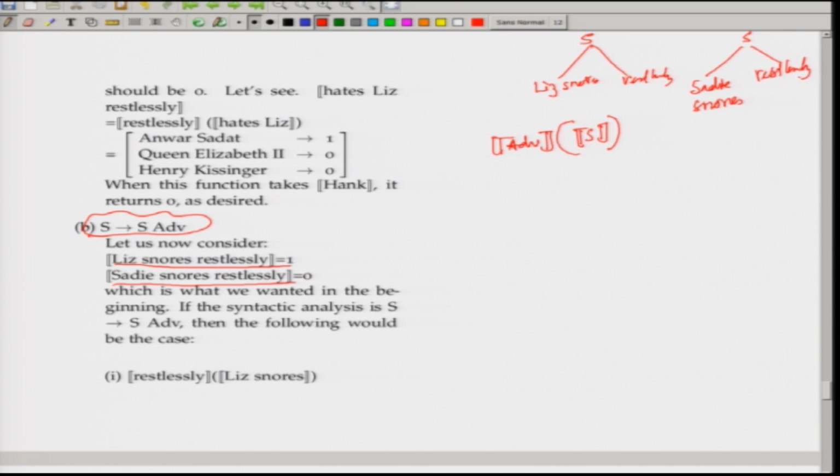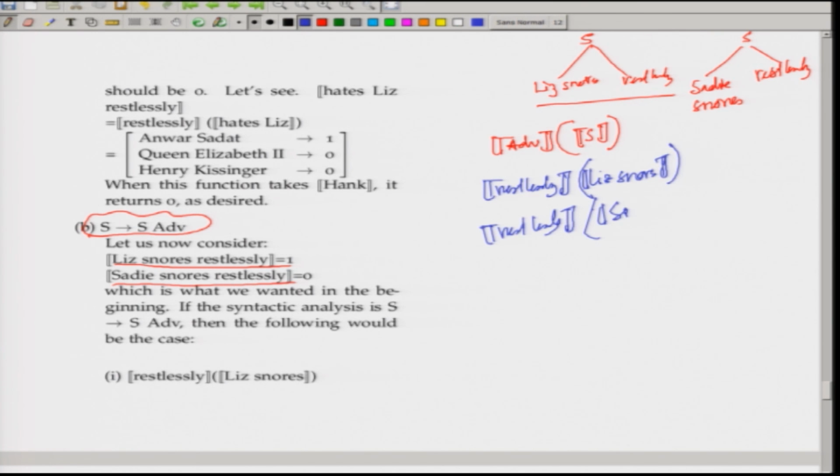And then in the first case, restlessly will take Liz snores. In the second case, restlessly will take Sadie snores.